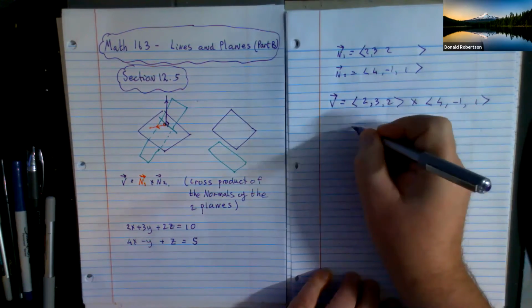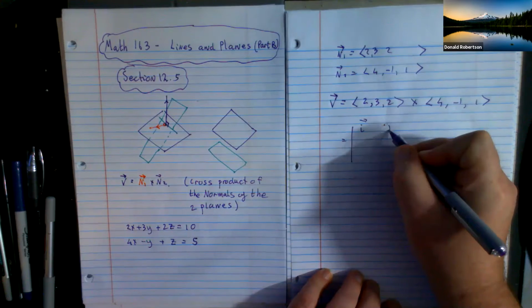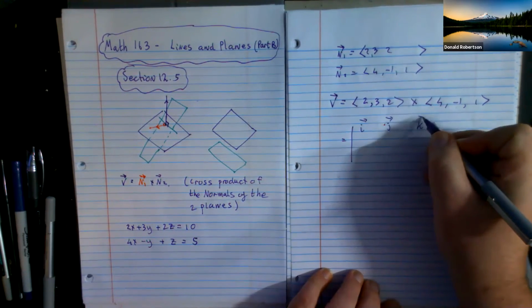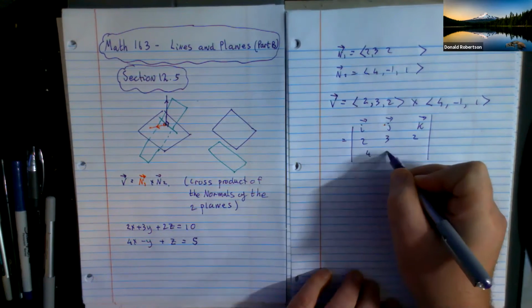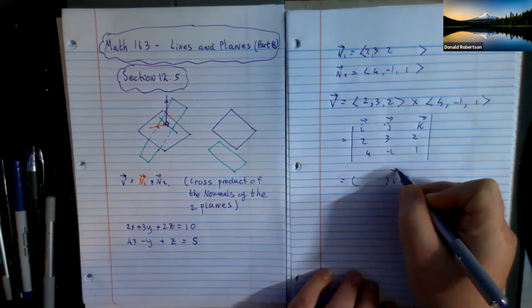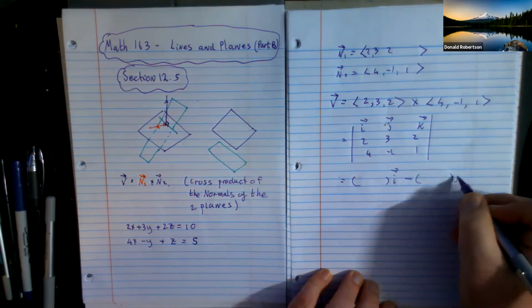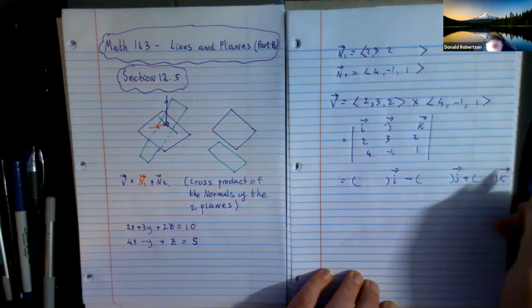So let me set up that guy. It's going to be i, j, k; 2, 3, 2; 4, -1, 1. That fella. It's going to be so many i's, take away so many j's, plus k.